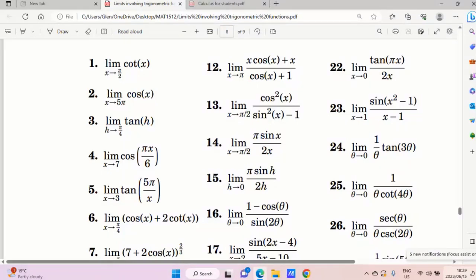Okay, so can I come in just there? Simon, sir. Yes, Simon, go ahead. We do have 1 over root 2 over 1 over root 2, right? Which gives us 1.